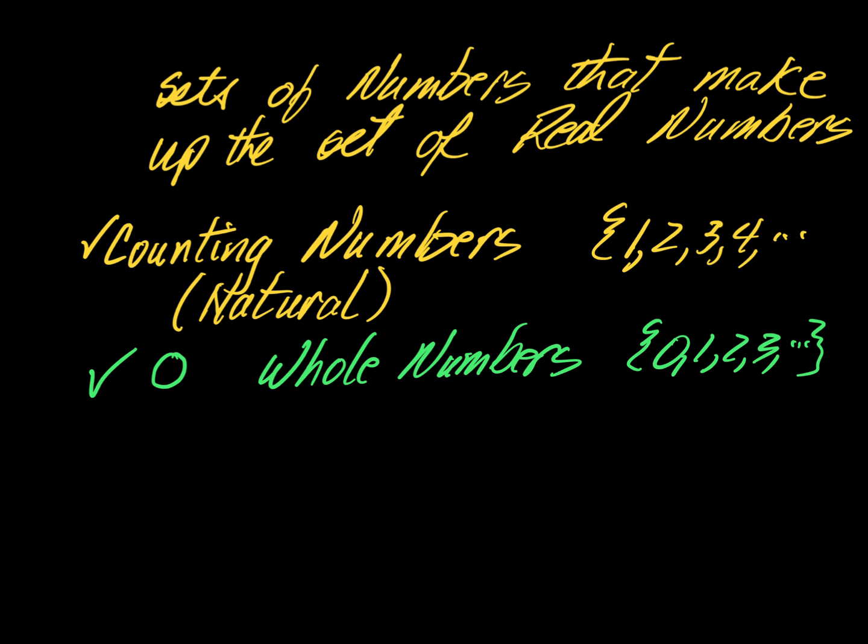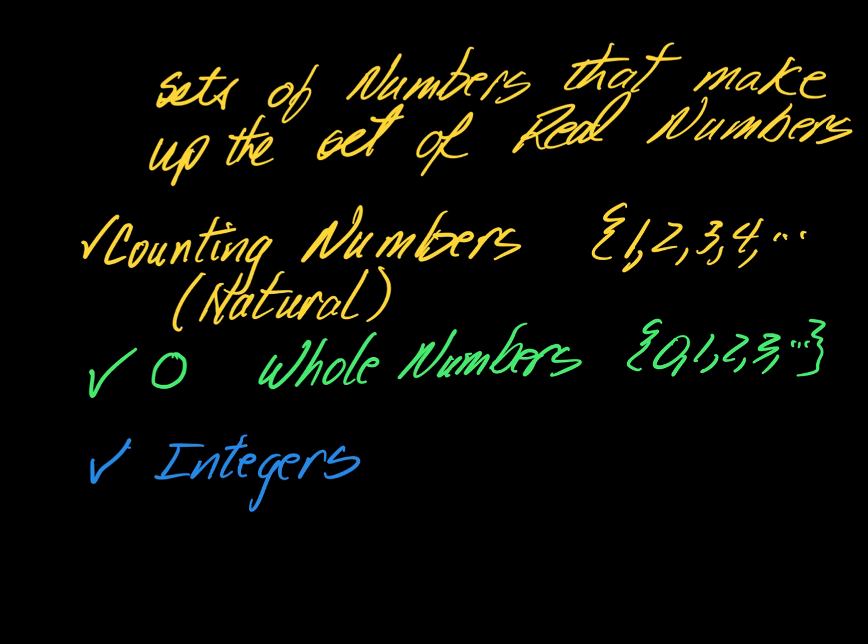So if you were like me, somewhere probably around 4th or 5th grade, you were introduced to the integers. And so you started to talk about positive and negative numbers.